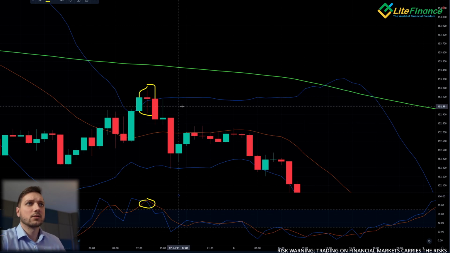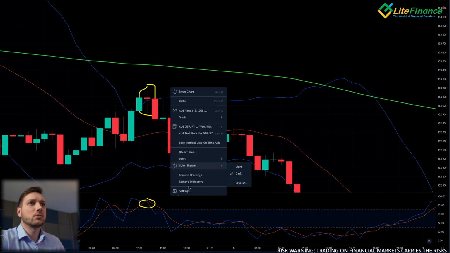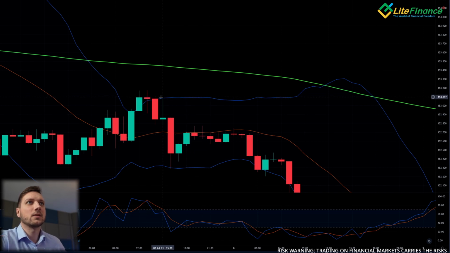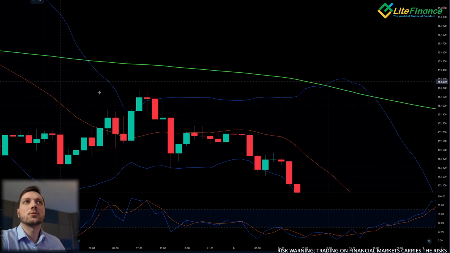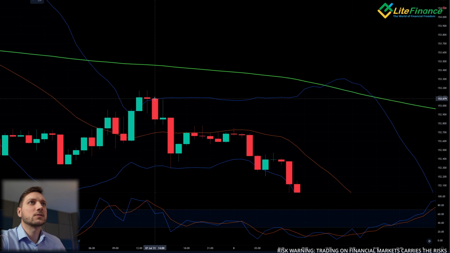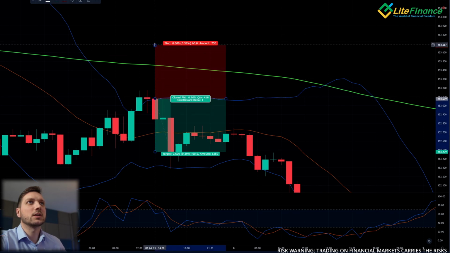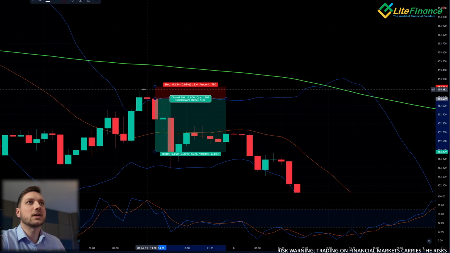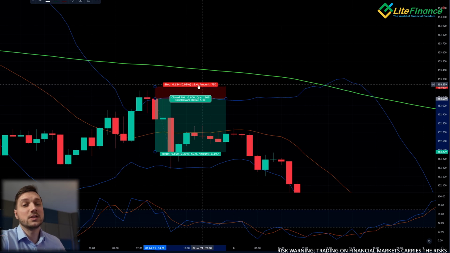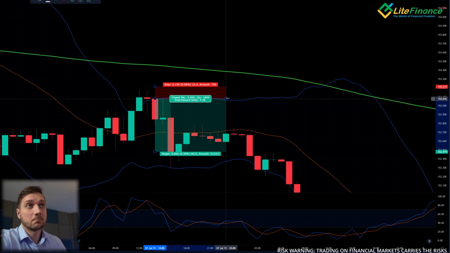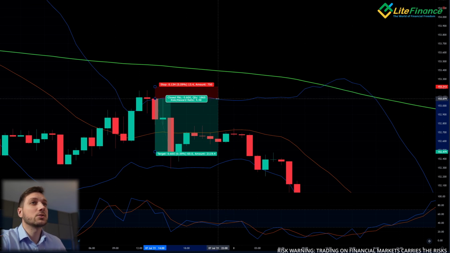So let's remove the drawings and set our position. So we have the entry over here, stop loss slightly above this recent high, which gave us 13 pips distance, which is a very tight range.